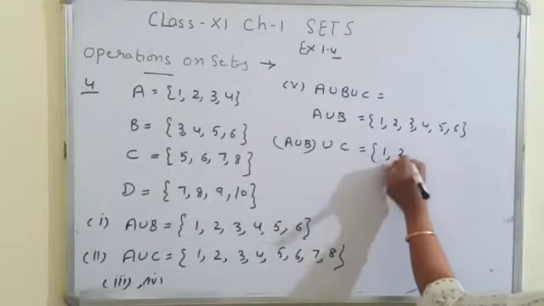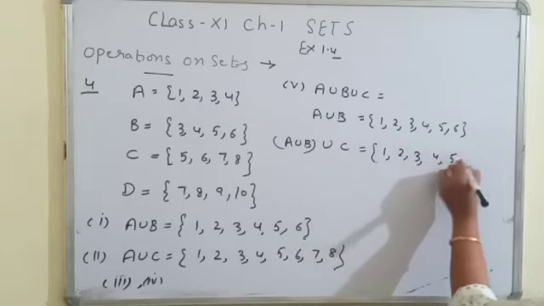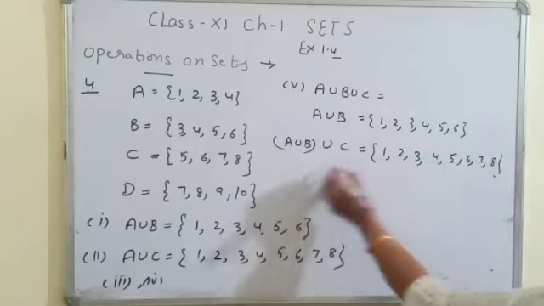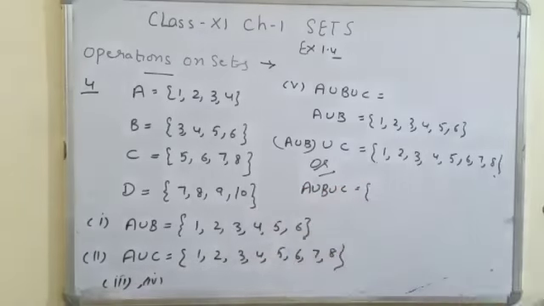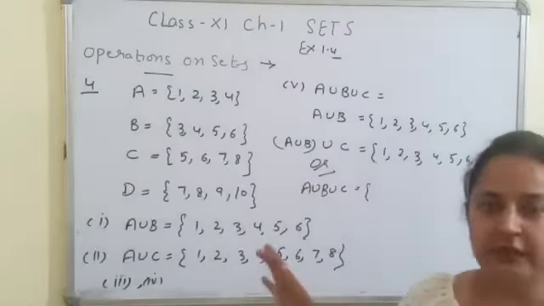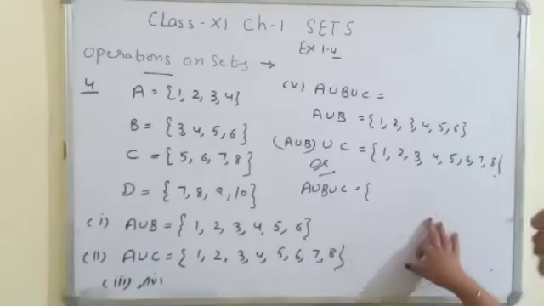So 1, 2, 3, 4, 5, 6, 7, 8. Or you can do it directly, because you know very well that for the union you have to write all the elements of these three sets, A union B union C.